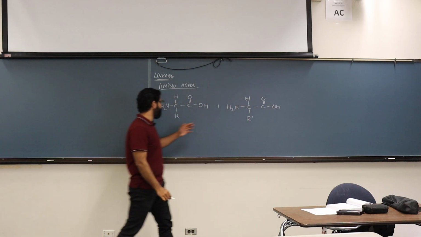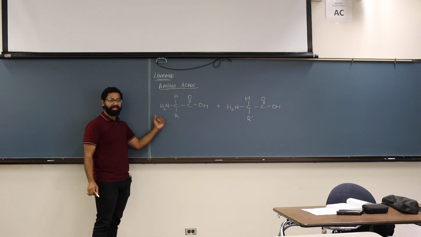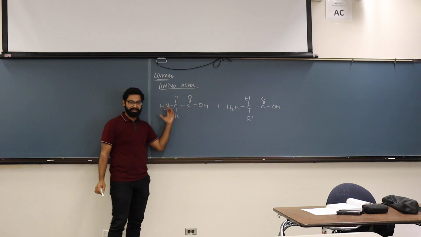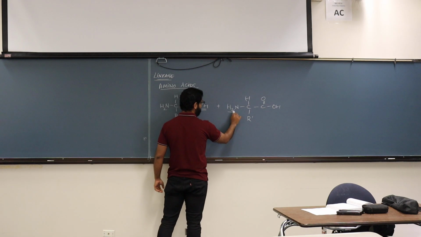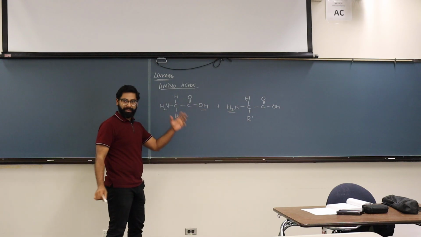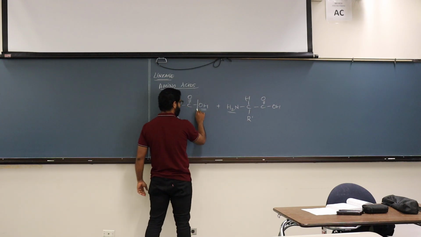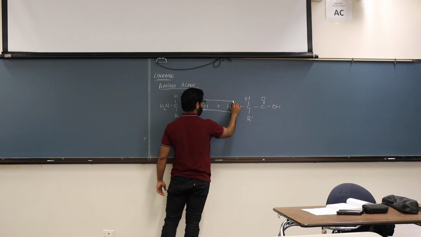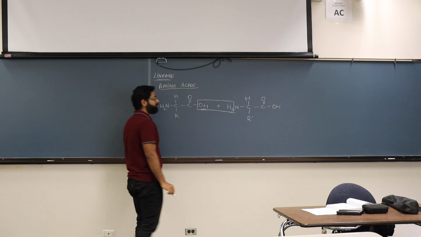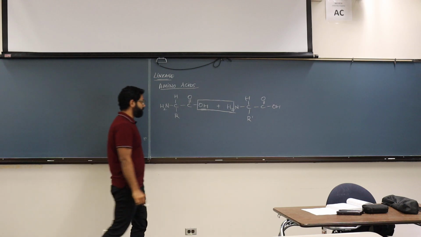I hope by now you can understand what an amino acid is, and so this is the amino acid. Now what will happen is this OH and this NH2 will come together, these two ends will come together, and they will release water.